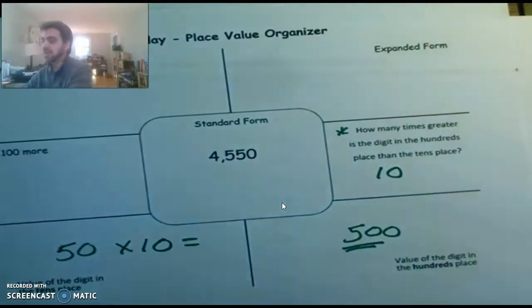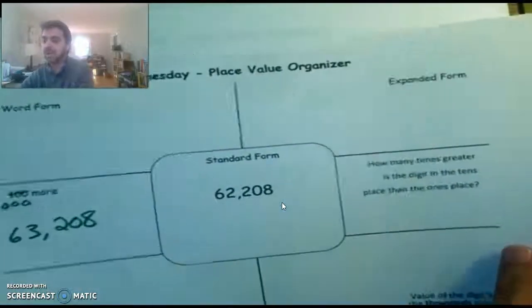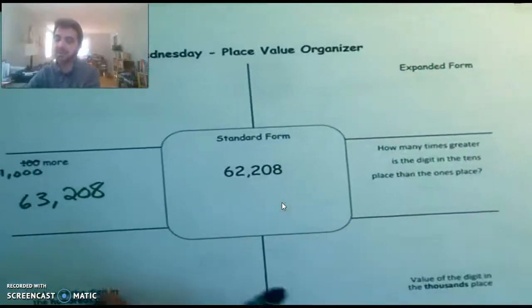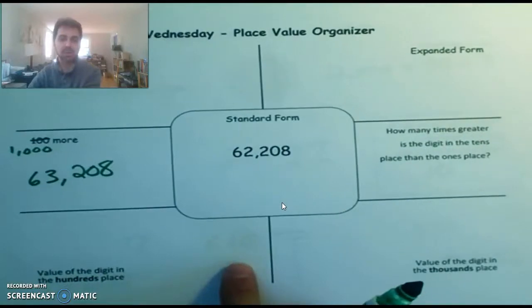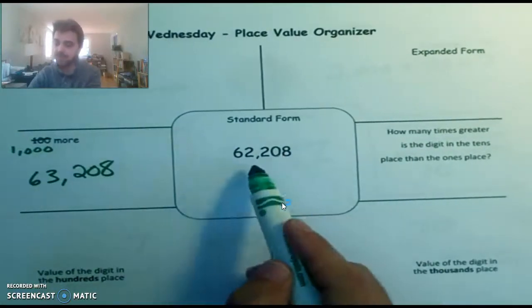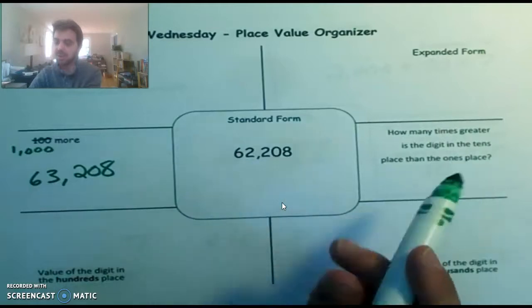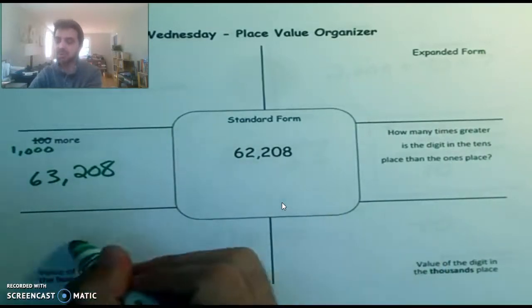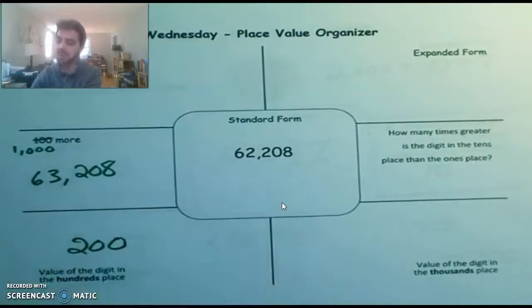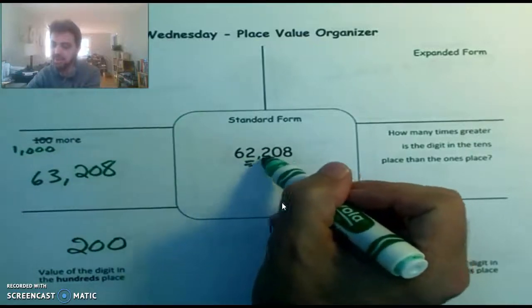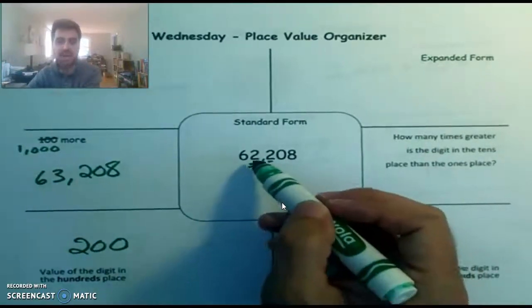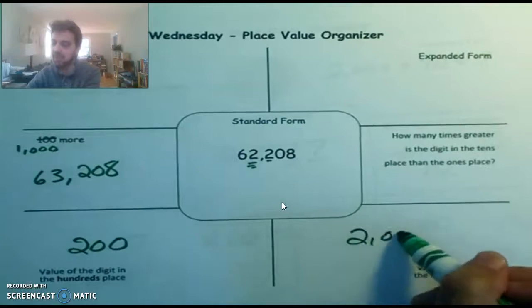So if we come back to today, which is Wednesday, the value of the digit in the hundreds place is what? There's a 2 in the hundreds place, so it should be 200. And the value of the digit in the thousands place, which is also a 2, would be 2,000.